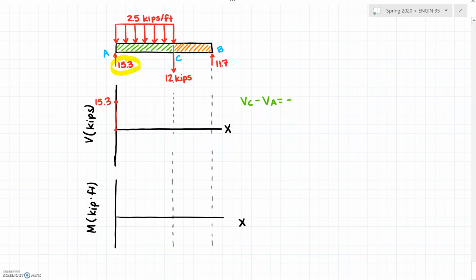So the area under that load curve, I have 2.5 kips times that distance was 6 feet. So the shear at C should be minus 2.5 times 6 plus my shear at A, so plus 15.3.